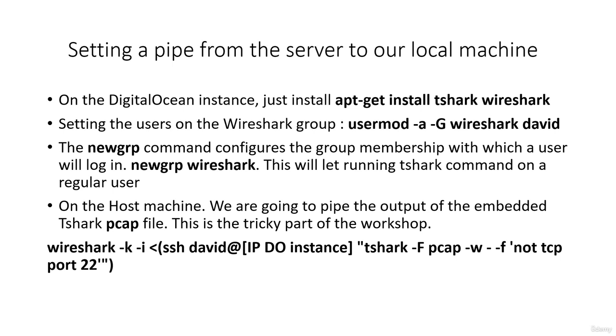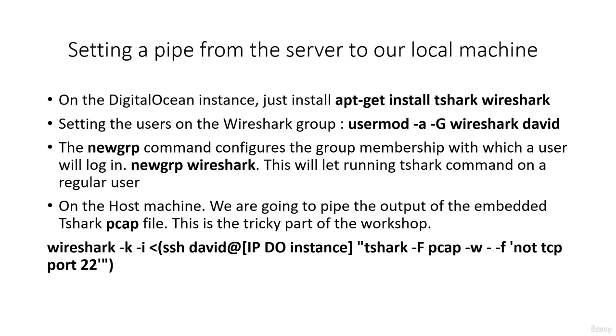In this case, it is a live stream interface going to output the redirection, and then the command specifies, as you know, T-Shark, as previously. -F pcap is the default format for T-Shark. Then -w is for writing, defined as writing to the standard output.